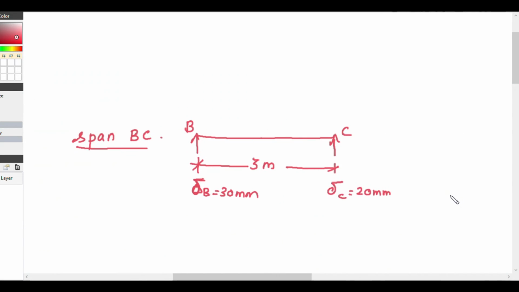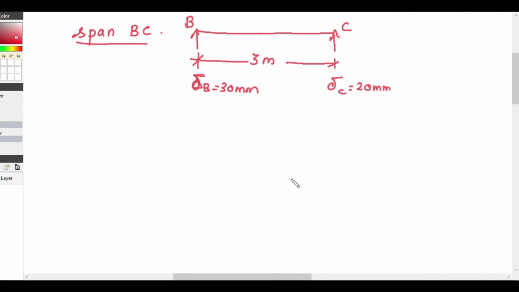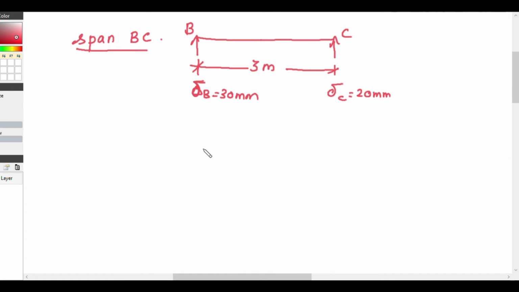See, that means when you are considering A, B settles by 30 mm, and at this point we will have C. This C settles by 20 mm.